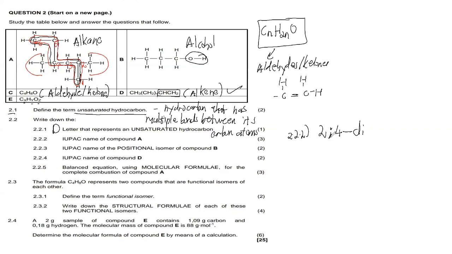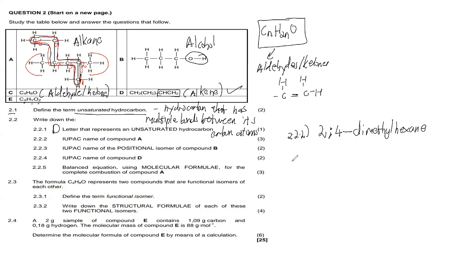Remember, it's di because we have 2 methyl branches. So 2,4-di methyl, and then what's our longest chain? That's 6. So it's supposed to be what? Hexane. And that's how we name this: 2,4-dimethylhexane.